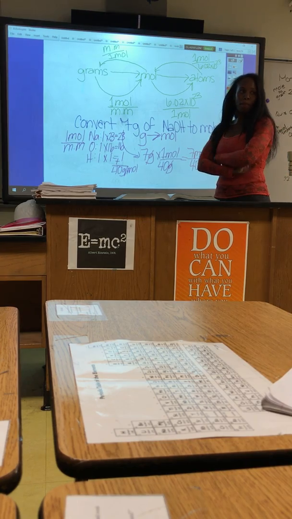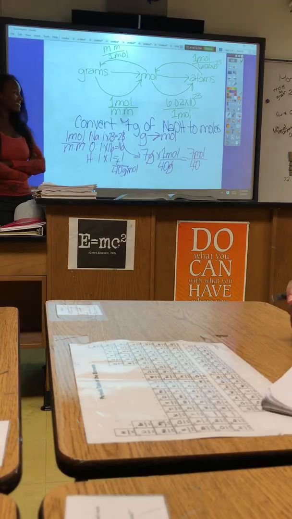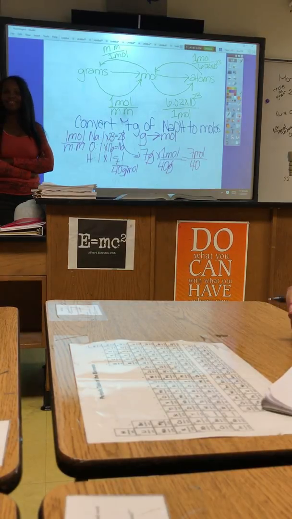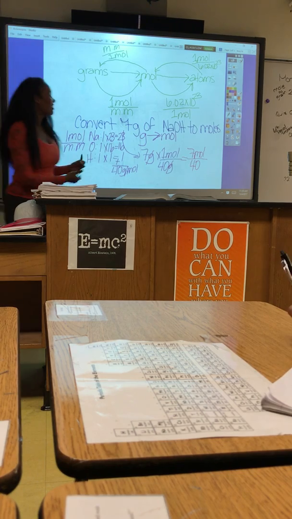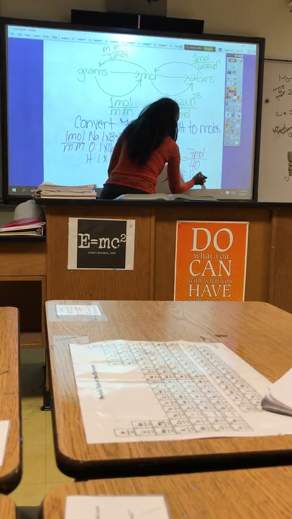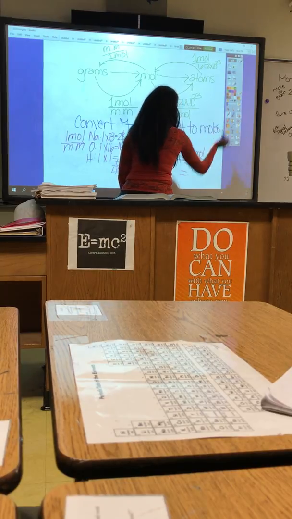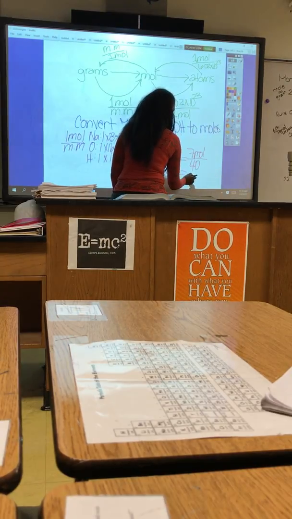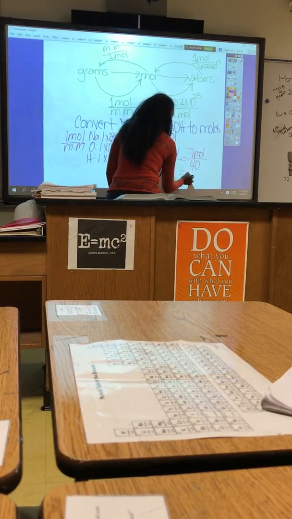It's point something. 0.1666667, repeating? No, I need to change the color for this answer. How'd you get that? It's 7 divided by 40.